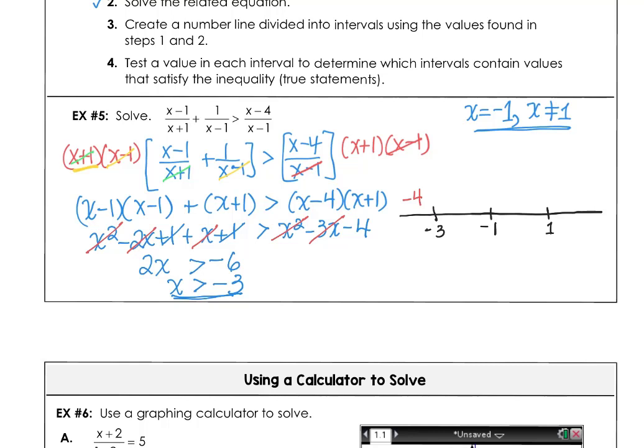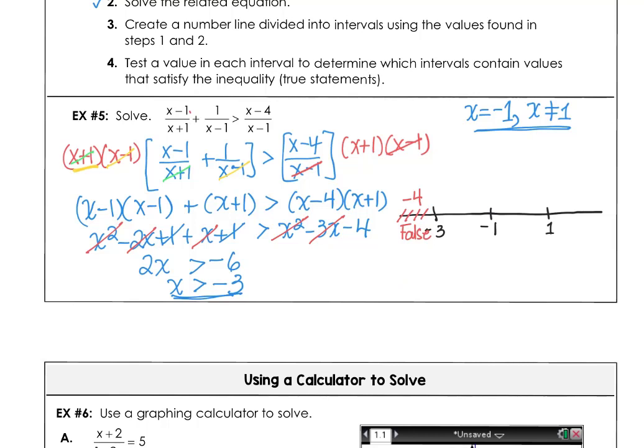And if we go back to the original problem and substitute into here, I believe we got 22 over 15 is greater than 8 over 5, and that turned out to be false. So that area is not a solution.